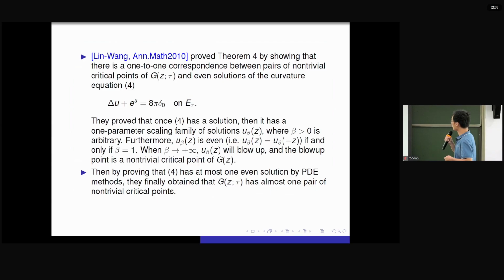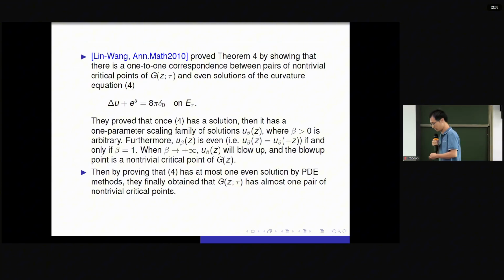Then they proved that this equation has at most one even solution by PDE methods. So these two results together imply the Green function has at most one pair of non-trivial critical points. So the method of proving the Green function has at most 5 critical points is indirect.